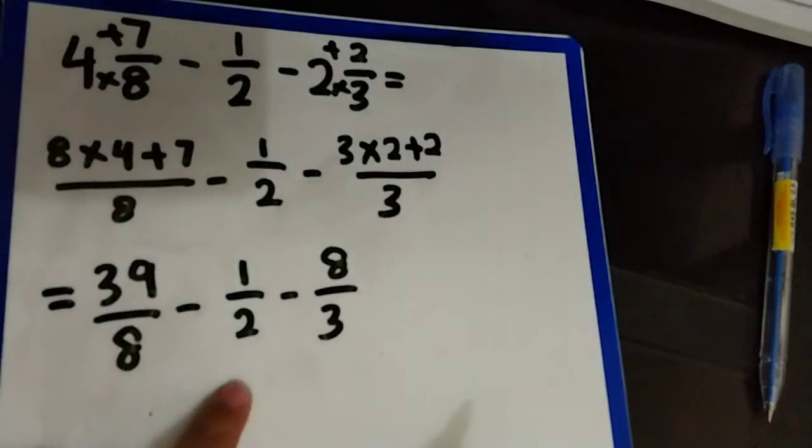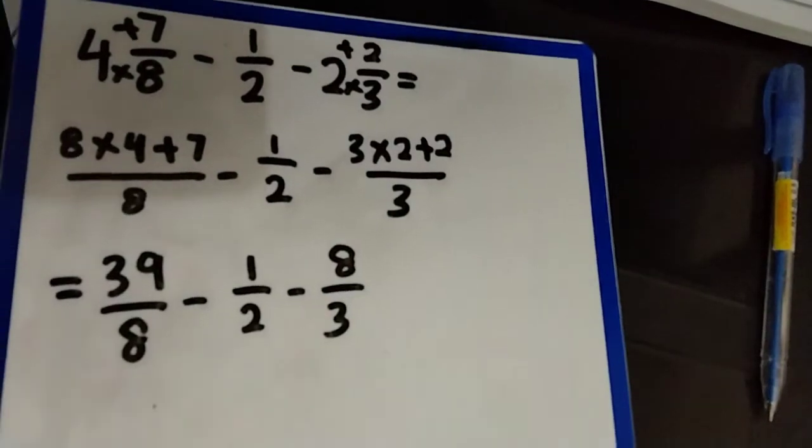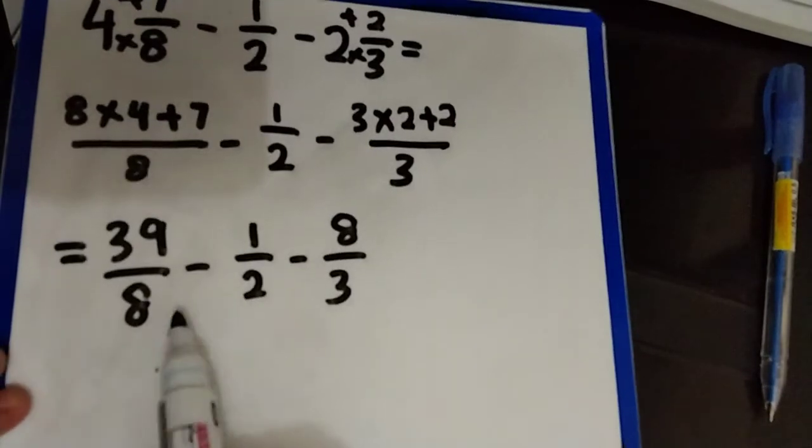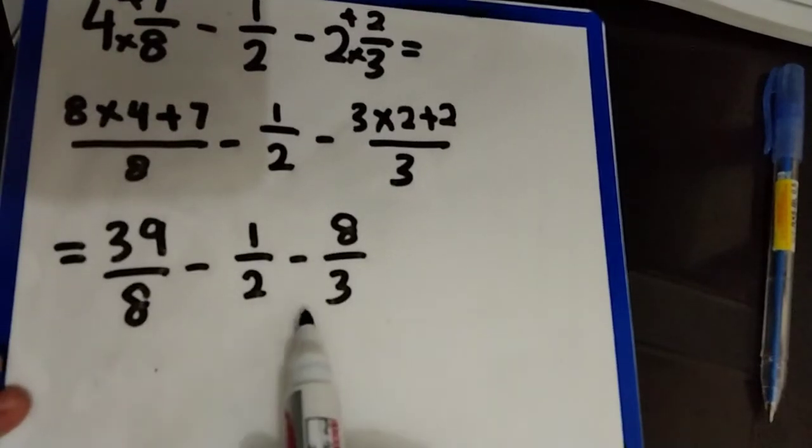So there are 3 fractions, right? 3 different denominators. So you have to look at 3 multiplication tables: 8, 2, and 3.